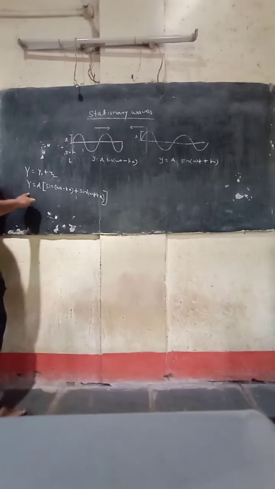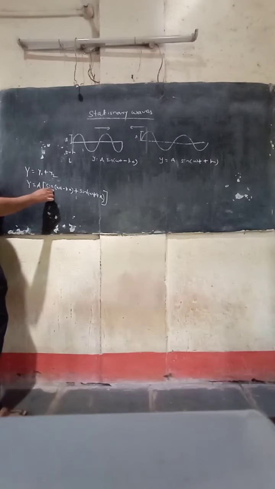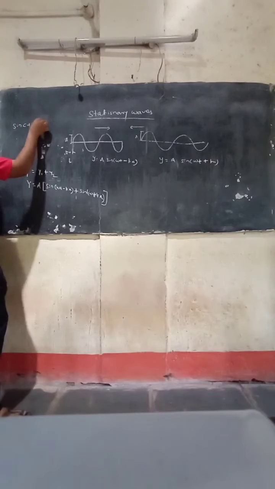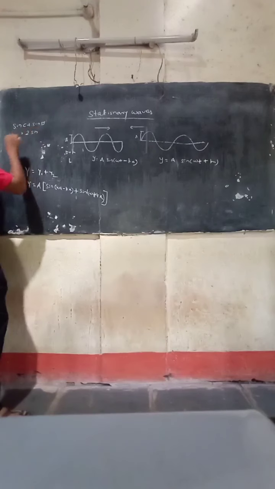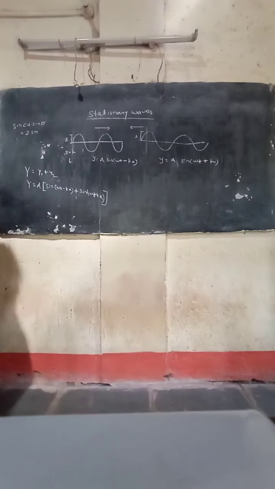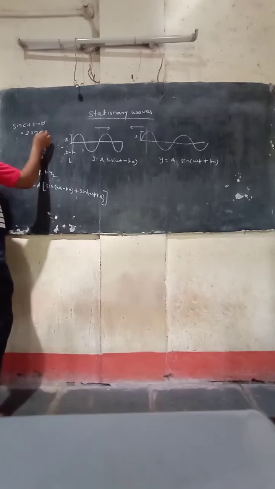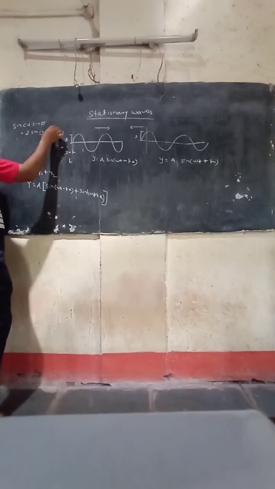Now this is sin C plus sin D. Mathematics students know that sin C plus sin D is 2 sin((C plus D) by 2) cos((C minus D) by 2).